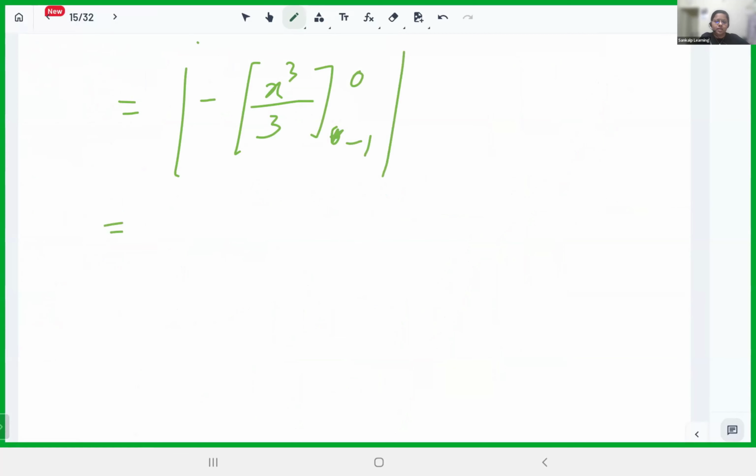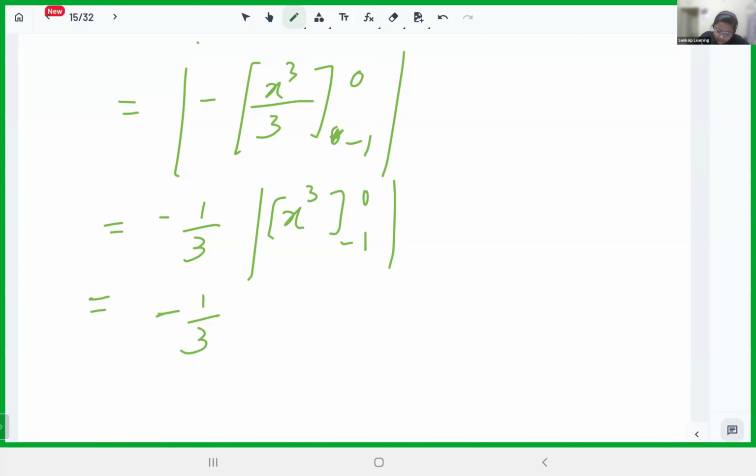So what will be the value? You put the upper limit minus lower limit. You can take the minus 1 by 3 outside, right? It is a constant, so you can take it outside. So x cube from minus 1 to 0. All right, so this is equal to minus 1 by 3 times 0 minus minus 1 the whole cube, right?